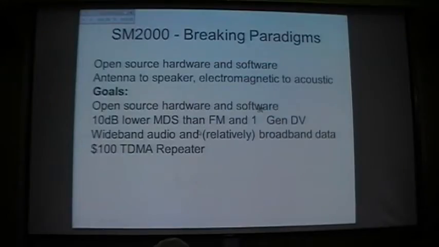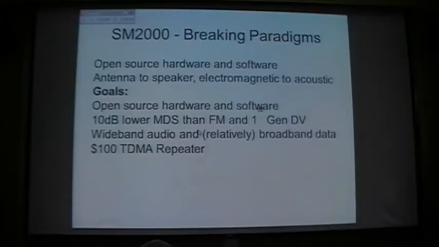What if it's possible to put, say, higher quality audio, not just 3 kHz audio, through this thing, like AM radio, Skype quality, through our VHF or UHF radios? That's possible now. We've got control of the codec, the modem, and the hardware. So we can start thinking about those sort of goals. Relatively broadband data: can we send 10, even 100 kilobits per second through this modem? Once again, breaking through those current paradigms that we're locked into by today's hardware radios.